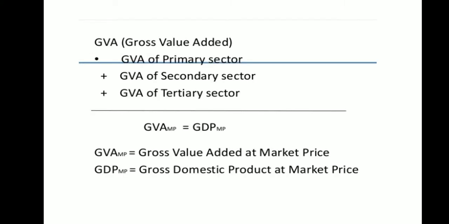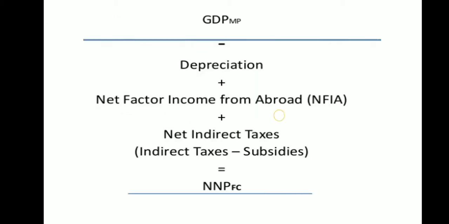When I talk about gross value added, it includes all three sectors: primary, secondary and tertiary. GVA MP equals GDP MP, that is gross domestic product at market price.